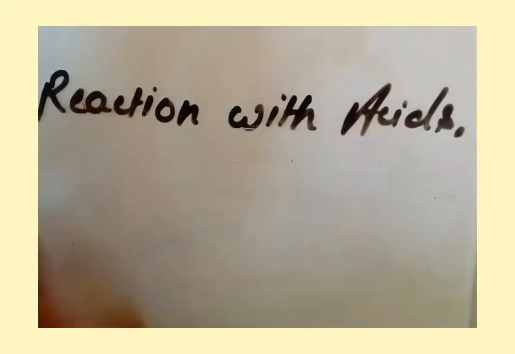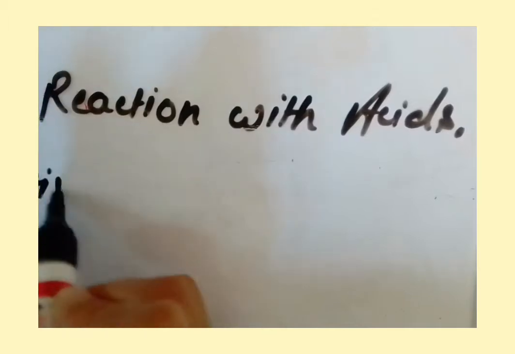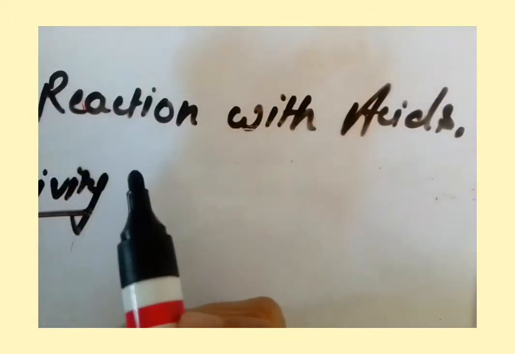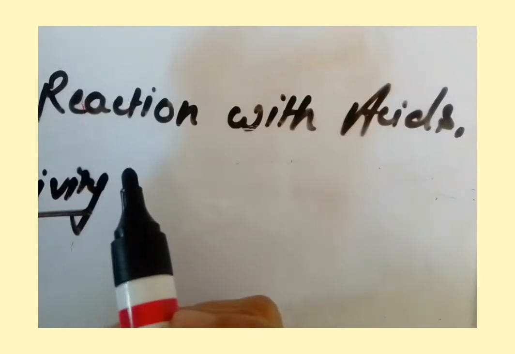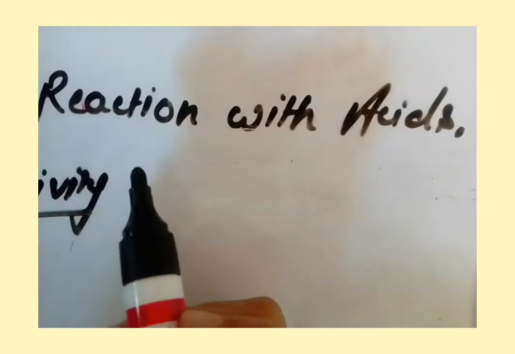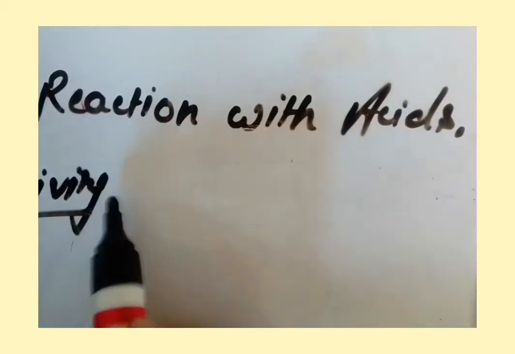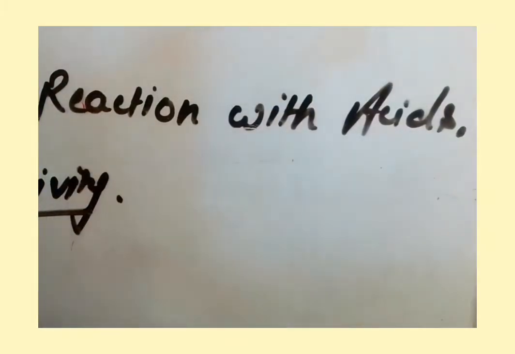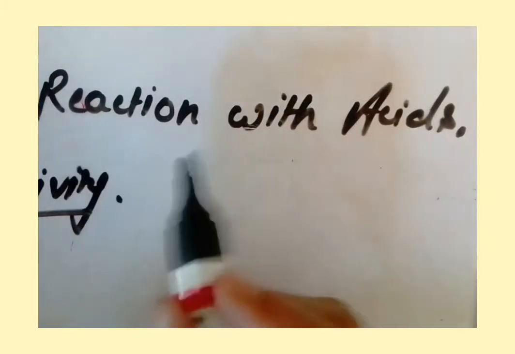First of all, I will demonstrate one activity: how metals react with acids and form metal salts and liberate hydrogen gas. Now, for performing this activity, we need three things.